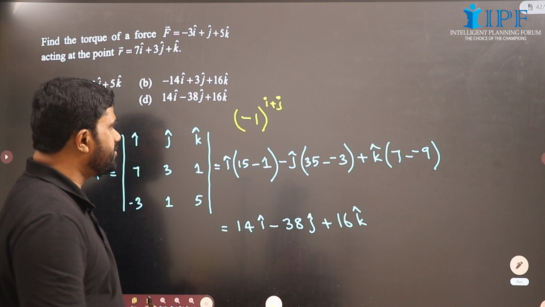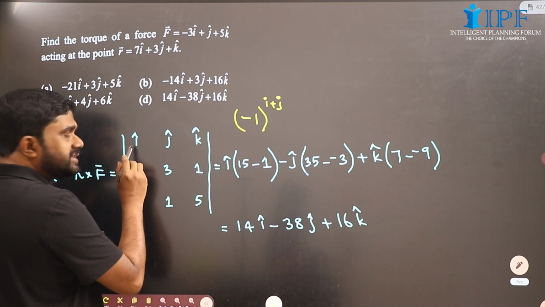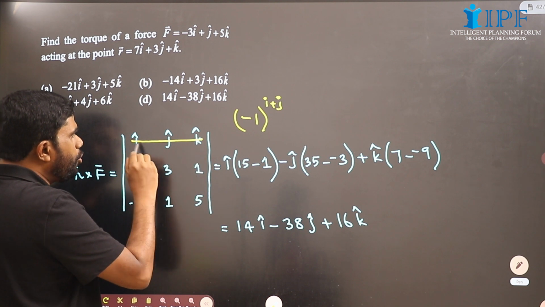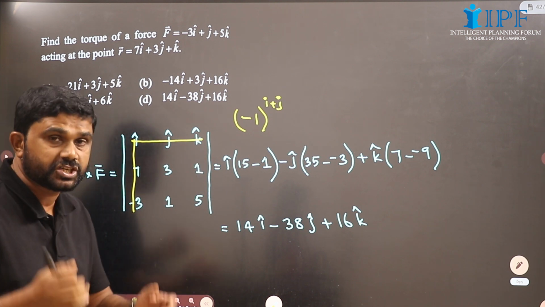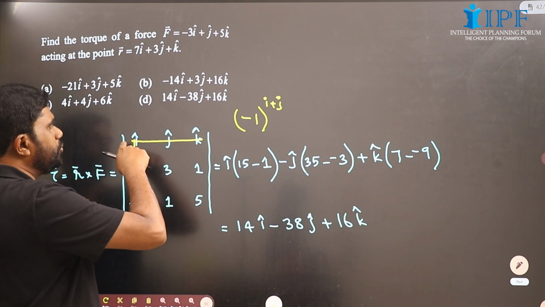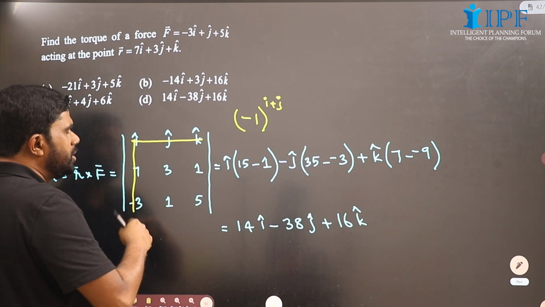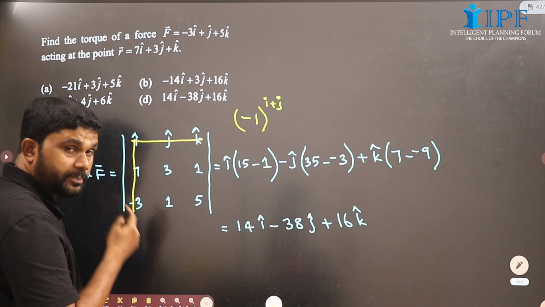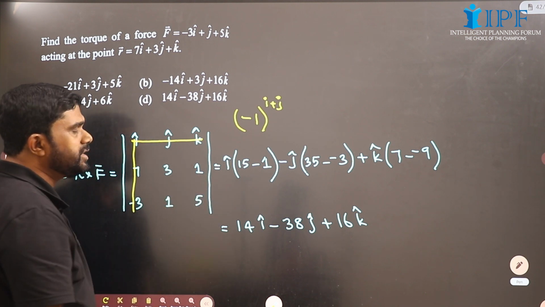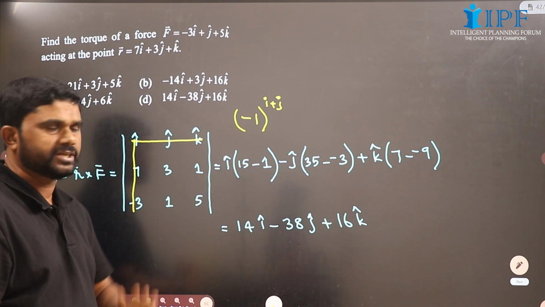Now let us evaluate this. When you take this i, you have to eliminate the row and the column in which that element comes. So we eliminate this row and this column. The rest we multiply like this, 3 into 5, that is 15, then 1 into 1, that is 1. So 15 minus 1.